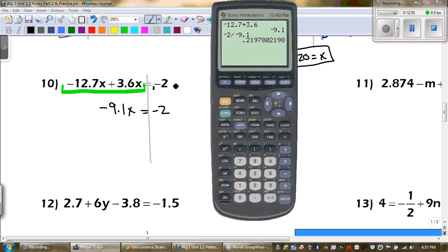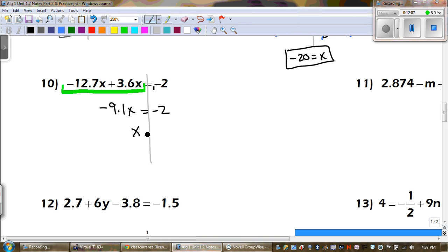So we get x equals negative 0.219. Now, it told me to round to the second decimal, so I need to look at the 9. The 9 tells me that I need to go up. So once I round it, I need to change that to a squiggly. And we get negative 0.22.